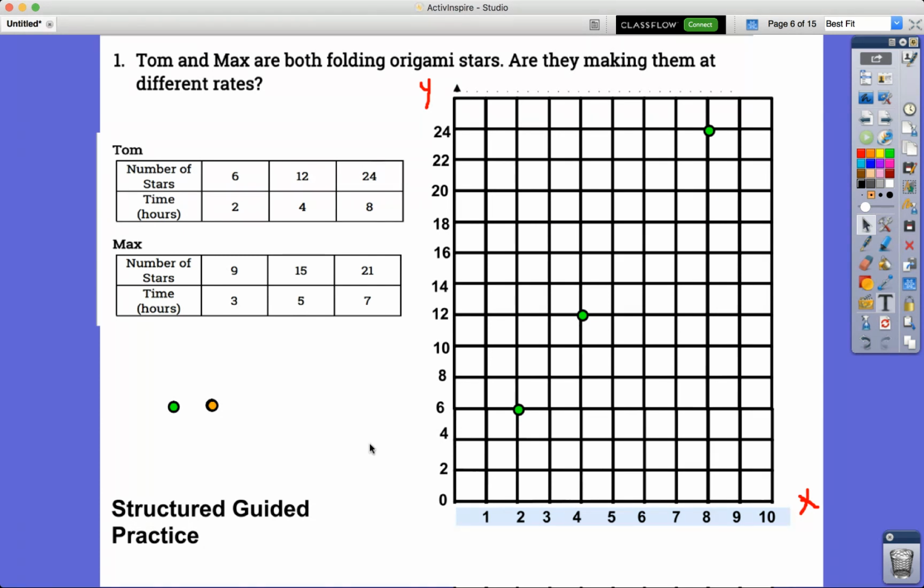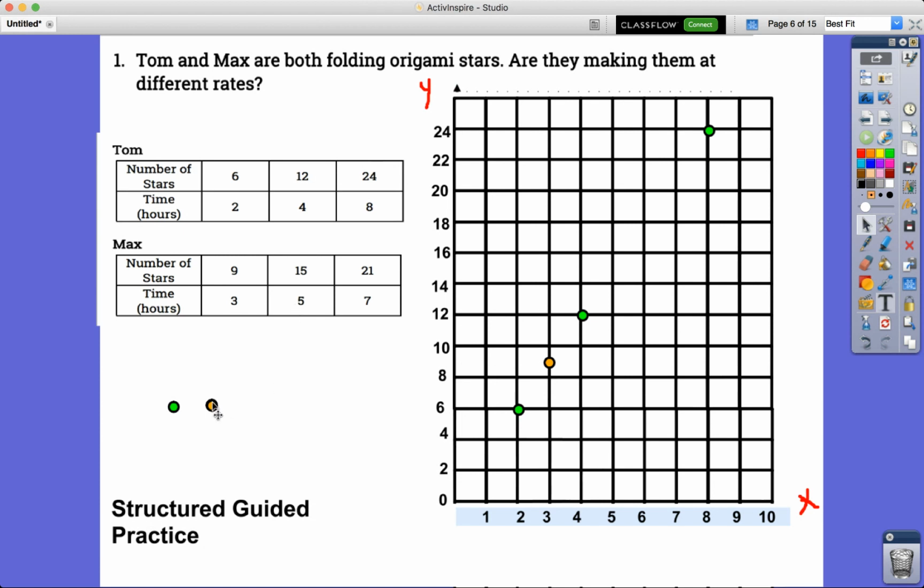And now I'm going to start plotting my information for Max. When he has 3 hours, he makes 9 stars. Notice my y-axis is going up by 2, so 9 is going to be in between.